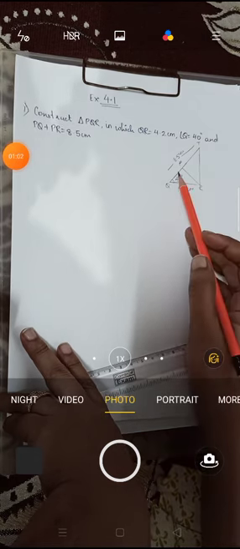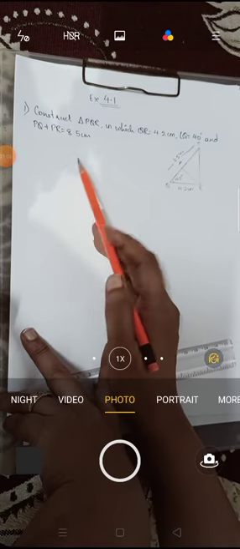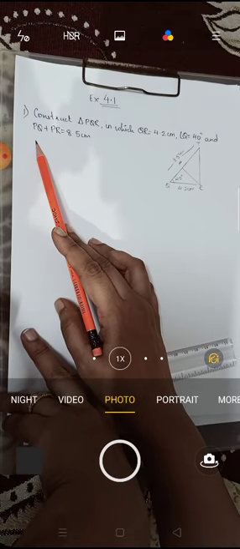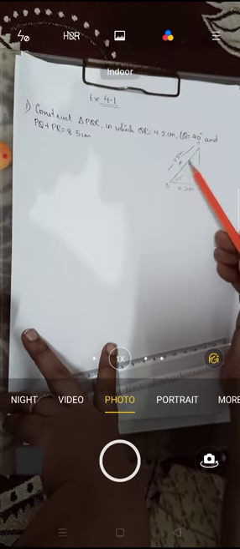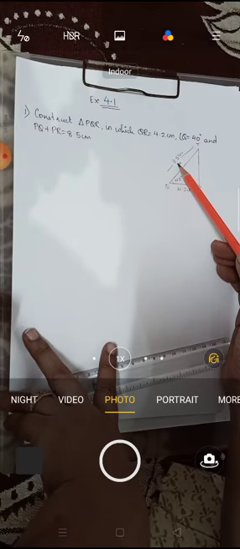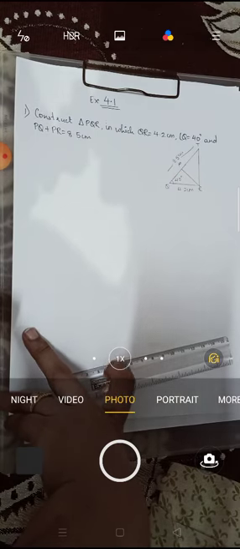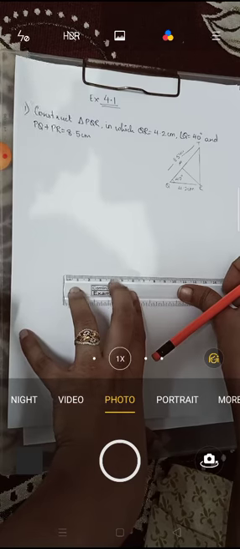And if you see the question, one condition is given, that is PQ plus PR is equal to 8.5 centimeter. So this side you have to draw 8.5 centimeter. So first you will draw QR 4.2 centimeter.